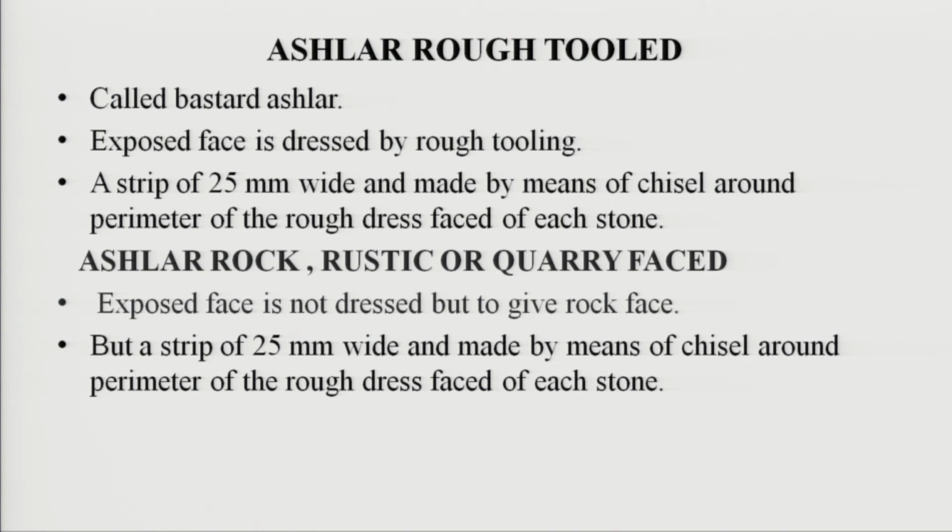Next is ASHLAR rock or rustic or quarry faced. The exposed surface is not dressed, to give a rock face, but a strip of 25 mm wide is made by means of a chisel around the perimeter of the rough dressed face of each stone.